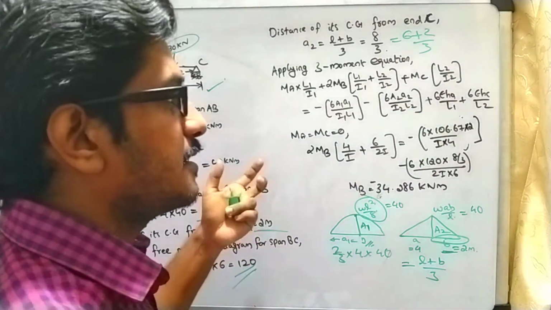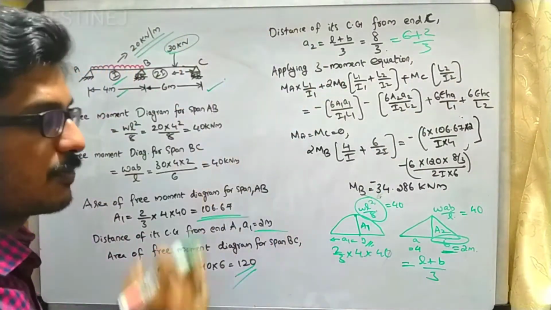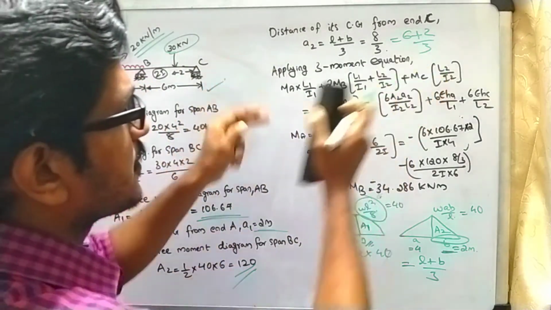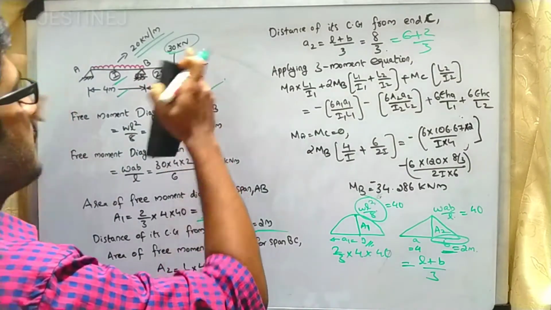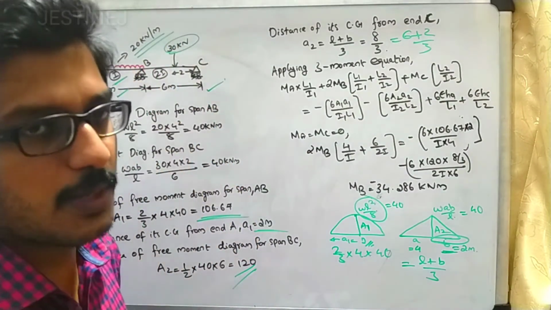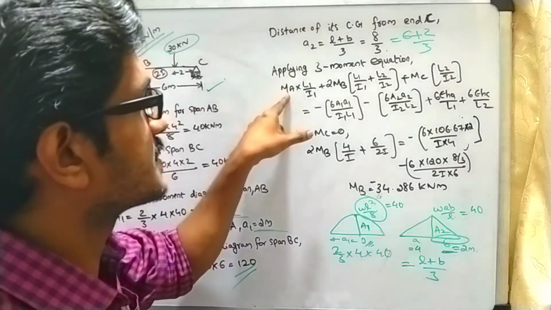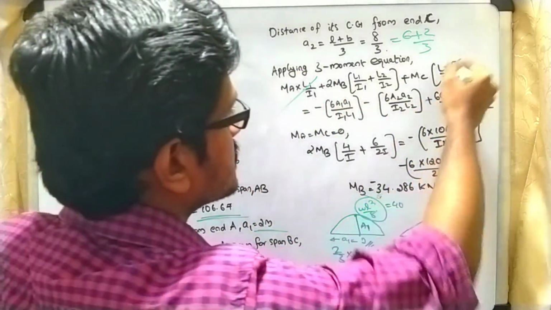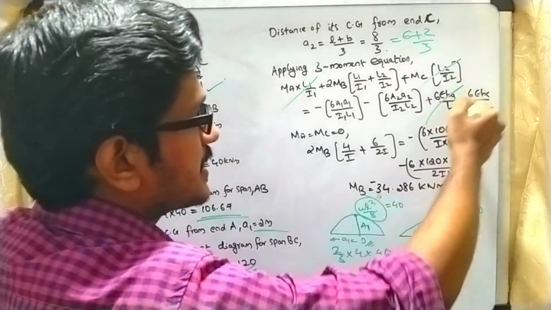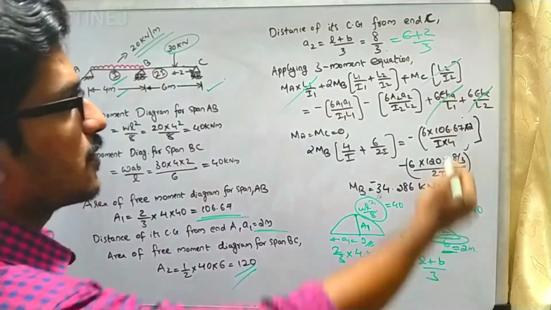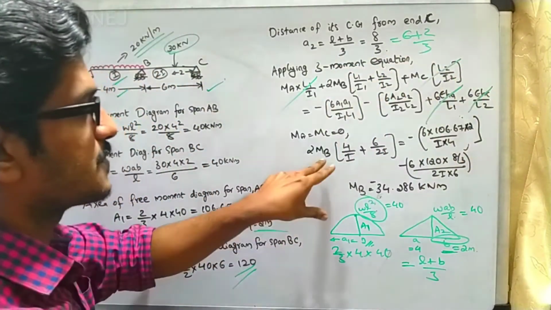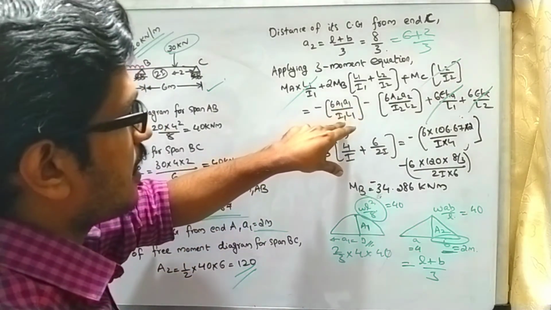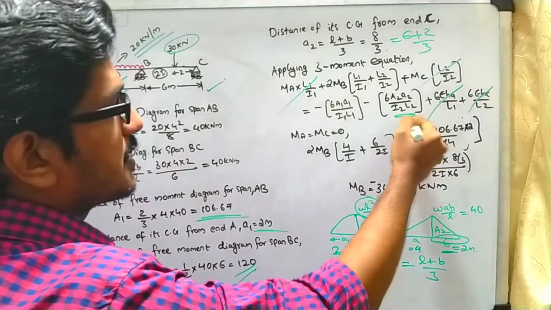Then you directly apply the three moment equation. We know that MA and MC are 0, since the moment for a simply supported beam end is 0. So these terms are 0, and there is no settlement given in this question. Only the MB terms and the terms relating to 6 A1 x1 by I1 L1 remain.